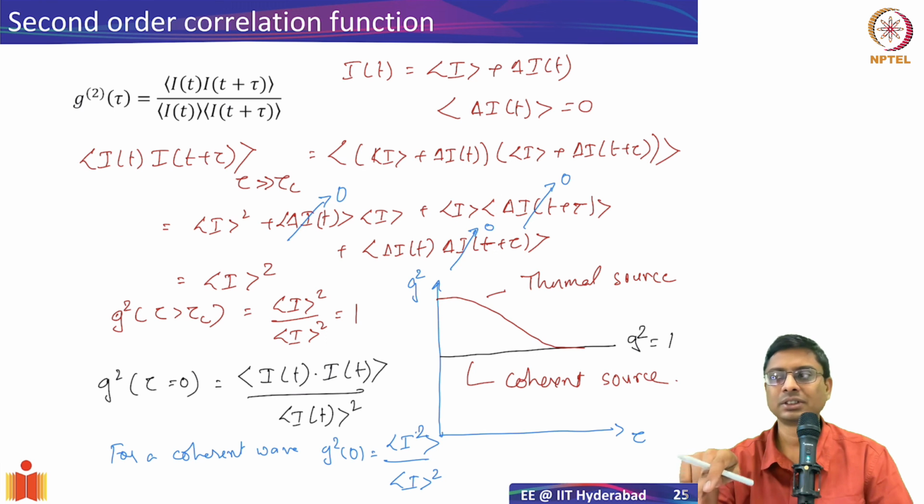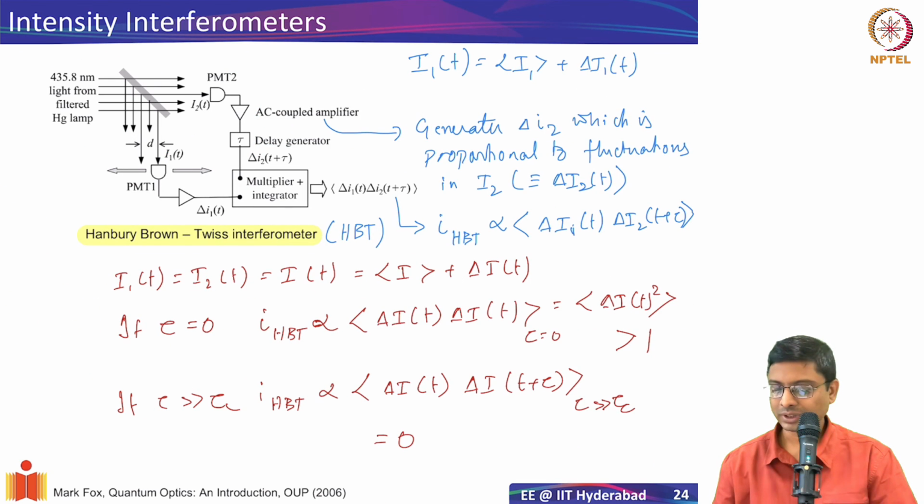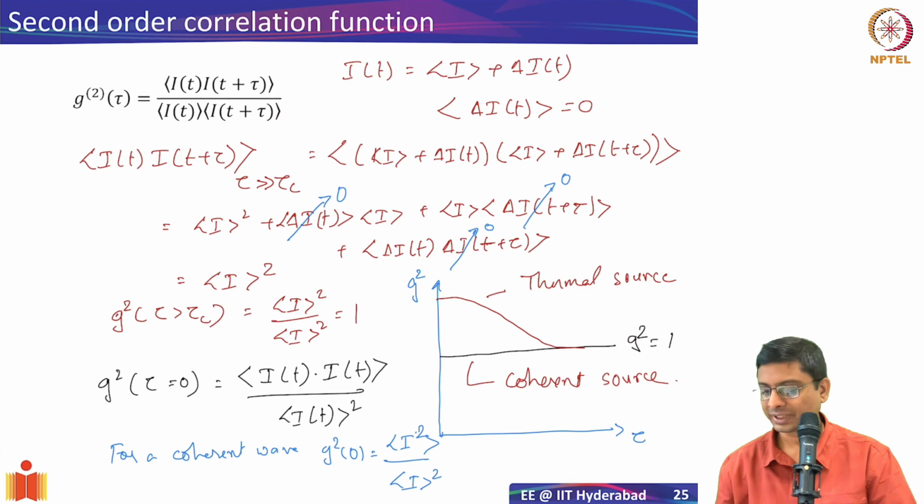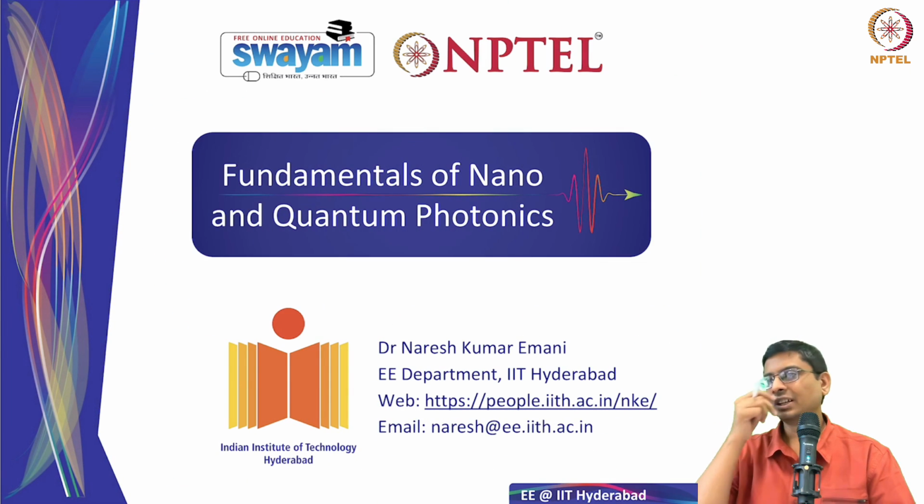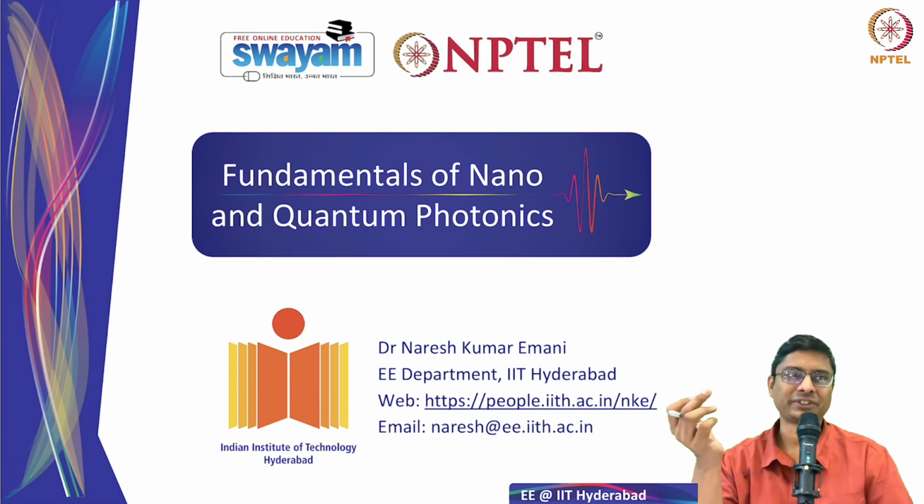All right. So basically what did we do this week? We introduced the idea of statistics, and how the different types of sources can be classified based on the statistics: Poissonian, superpoissonian, subpoissonian, and then how we detect them. If you want to detect them, you need low intensities.